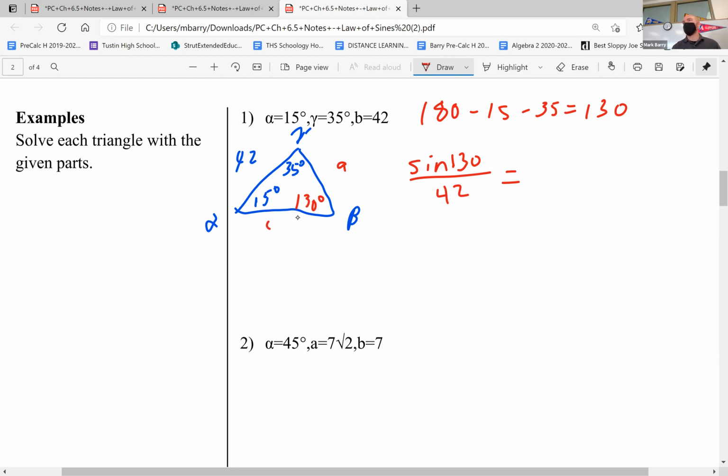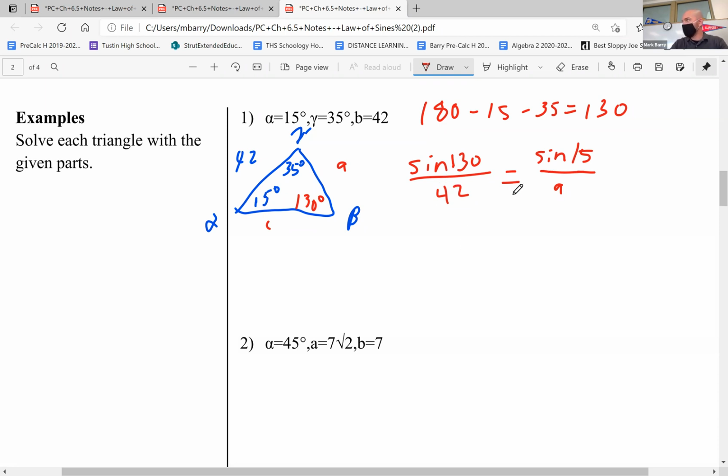I'm going to have to find both of them using the same technique anyway. So I'll go ahead and find side A first. To find side A then, I'm going to put that on bottom. And on top of it, I have to put sine of its opposite angle. So that's going to be sine of 15. Like I said, we're not going to set this equal to another fraction. We kind of just pair these fractions up two at a time.